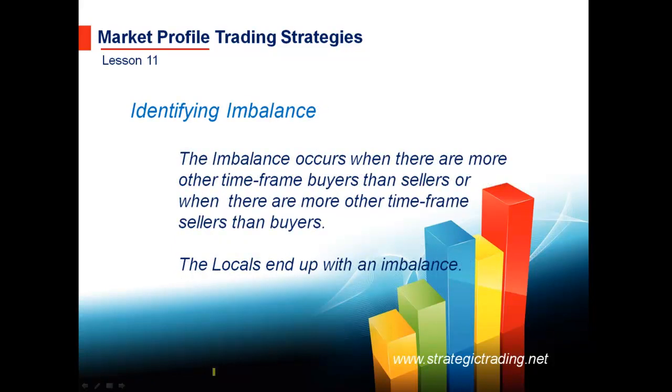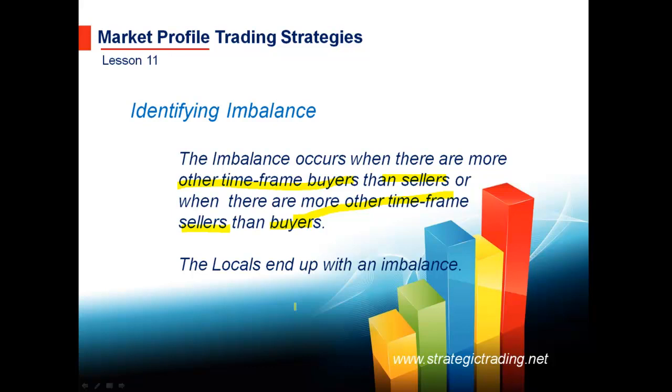But now what we want to learn to quickly identify, and it's usually fairly easy to identify, is when this imbalance actually occurs in the market. So the imbalance occurs when there are other time frame buyers more than there are sellers, or when there are more other time frame sellers than there are buyers.